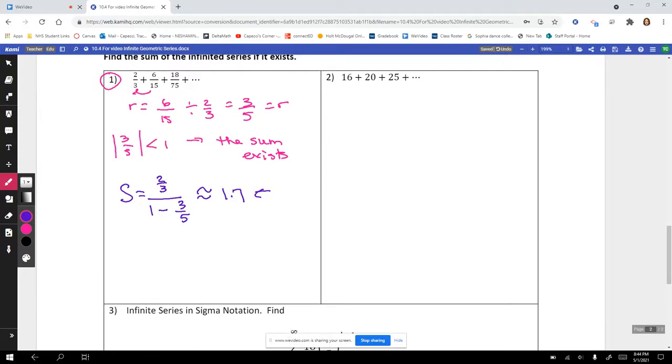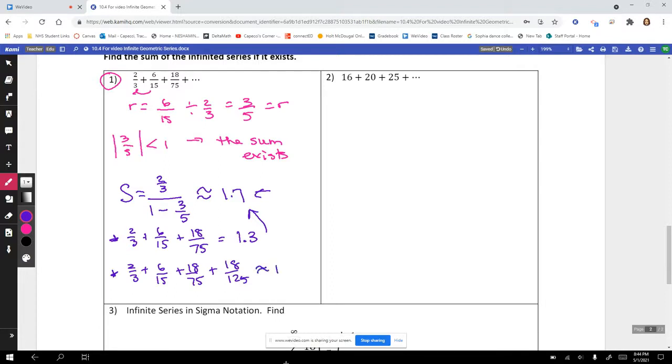Now, just to show you why that works, if I take the first 3 values given above and add those together, I would get 1.3, which is not really that far away from 1.7. If I add one more number in that series, 2/3 plus 6 over 15 plus 18 over 75, and I multiply that last term by 3 over 5, I get 18 over 125.